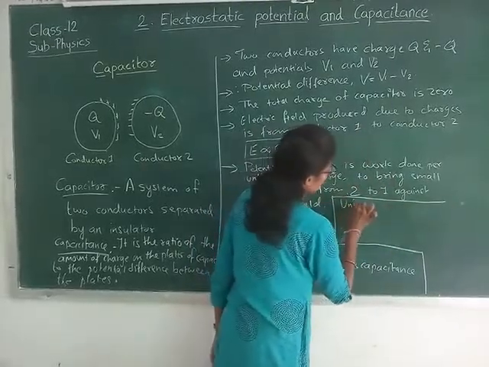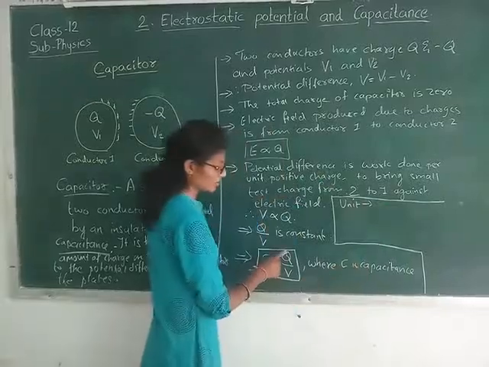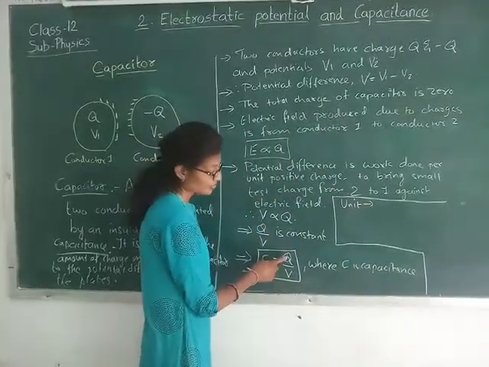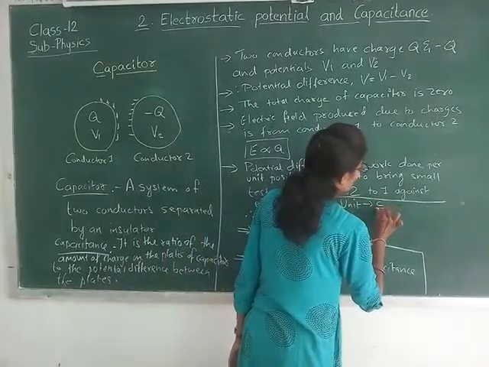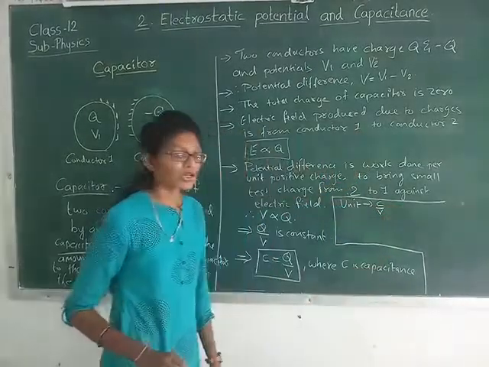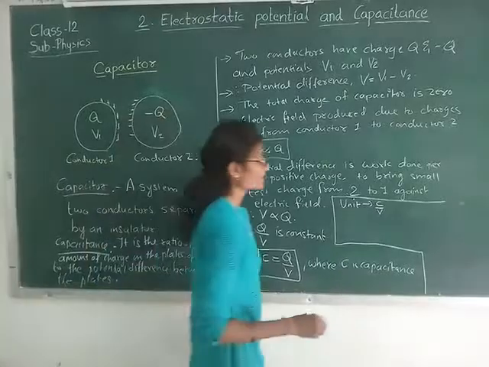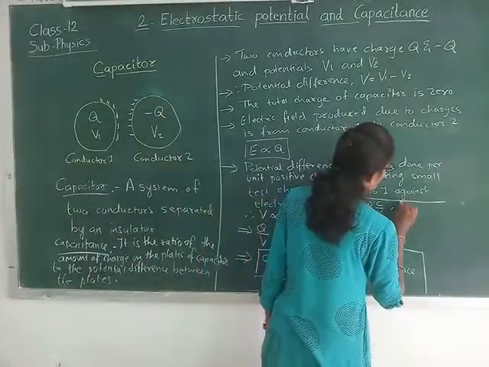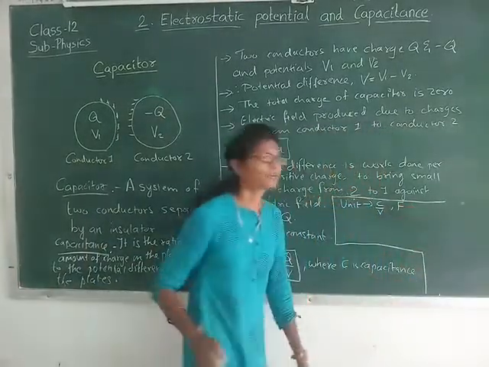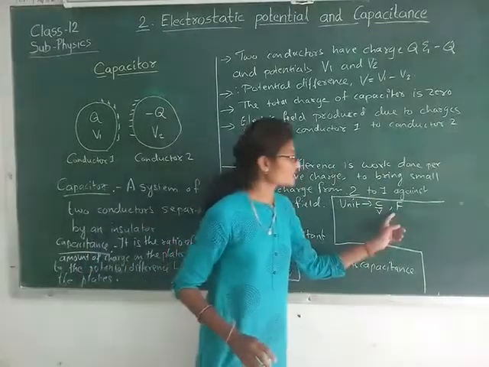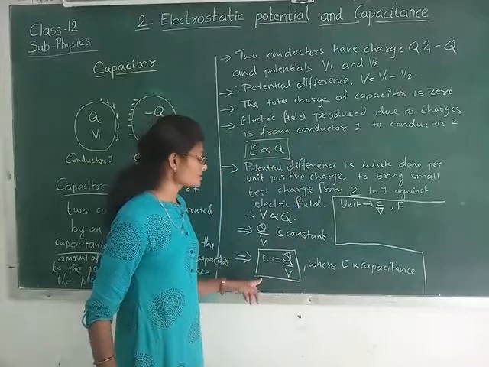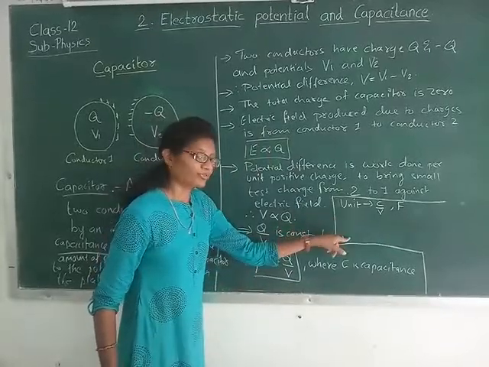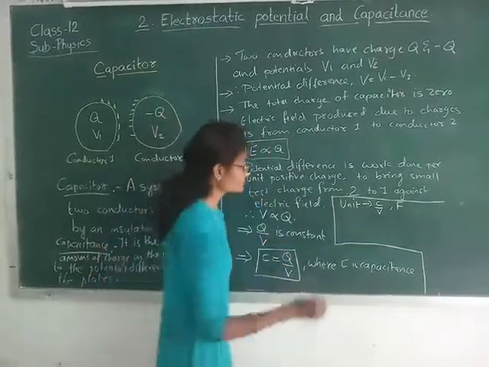The unit is coulomb per volt, or it can also be written as Farad, named after the scientist Michael Faraday. So the unit of capacitance is coulomb per volt or Farad.